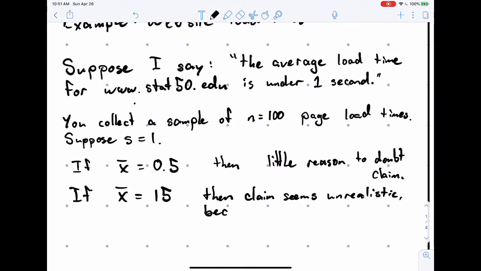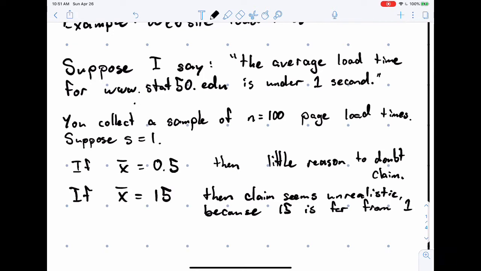Because 15 is really far from 1. And I said it was 1 second or less, but you got an average load time of 15 seconds. That means it could still be 1 second, but then observing a mean of 15 is really unlikely.